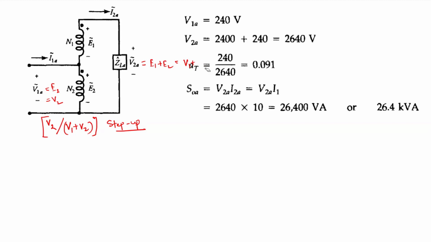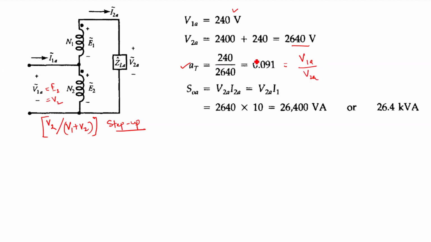So obviously V1A is equal to V2, that is 240 volt, right? And V2A is equal to V1 plus V2, that is 2640 volt, right? Now if I find the transformation ratio of the autotransformer, that is nothing but V1A by V2A.